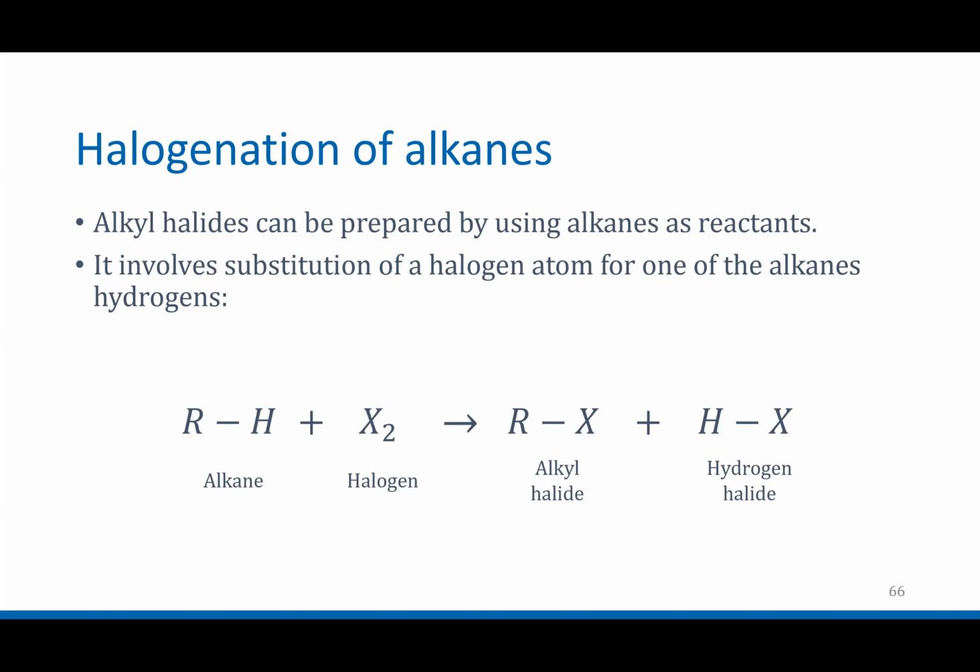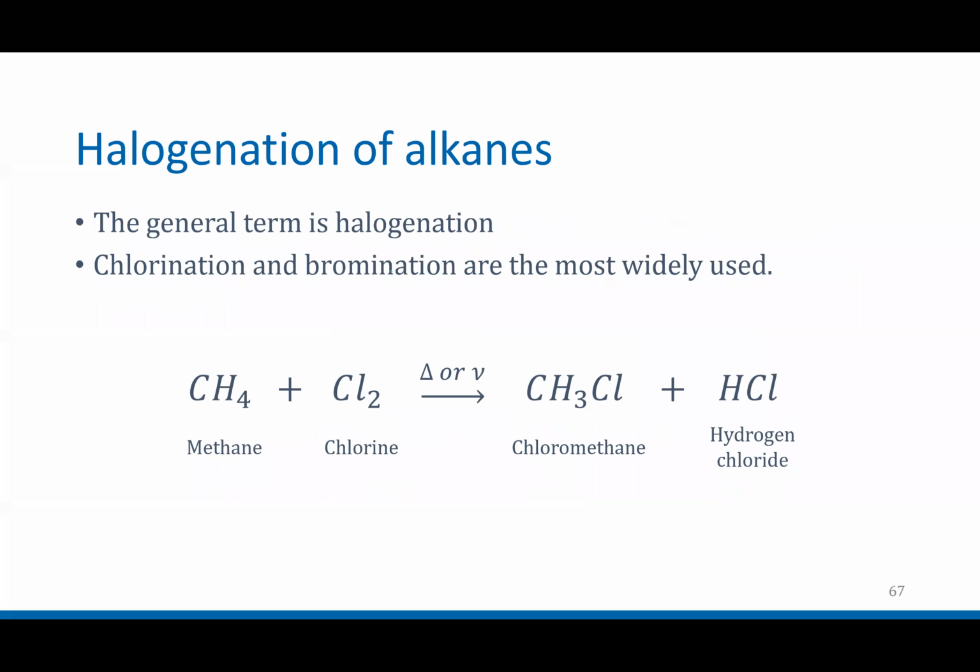All right, you can also halogenate alkanes. Alkyl halides can be prepared by using alkanes as reactants. It involves a substitution reaction, where one halogen atom replaces a hydrogen from that molecule. So we call this halogenation.